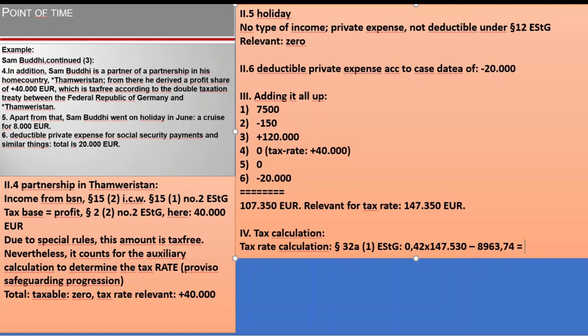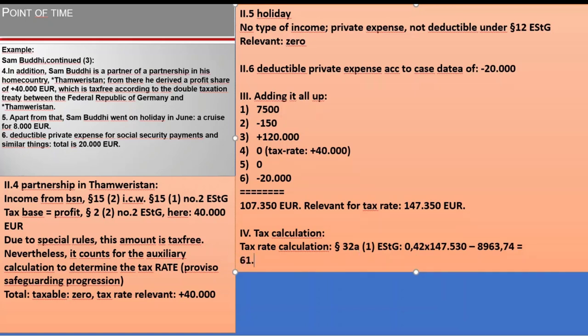This is 61,962.60 probably, minus 8,963.74. This is 52,998.86. This is usually rounded down to even euros.